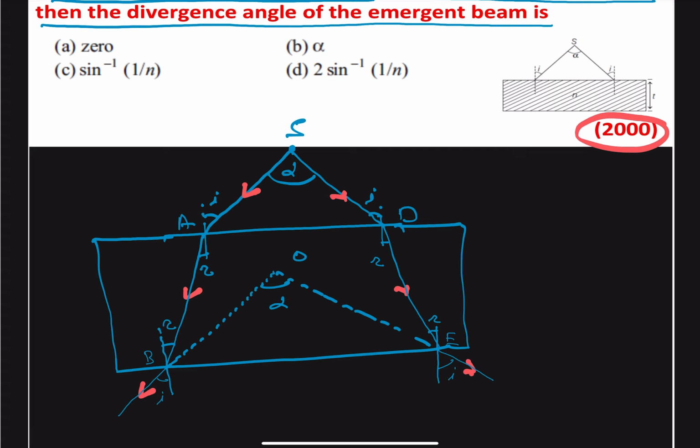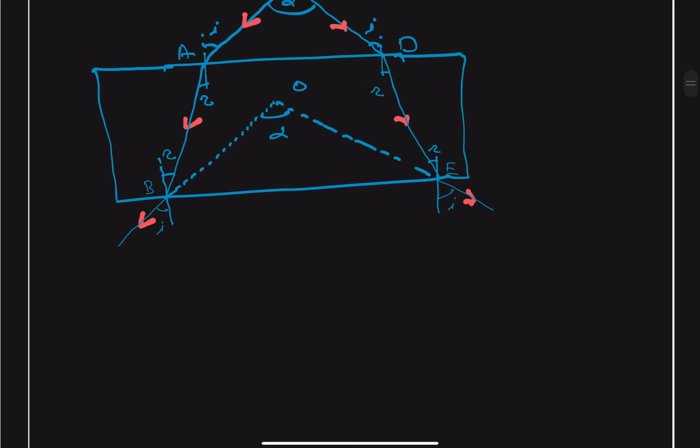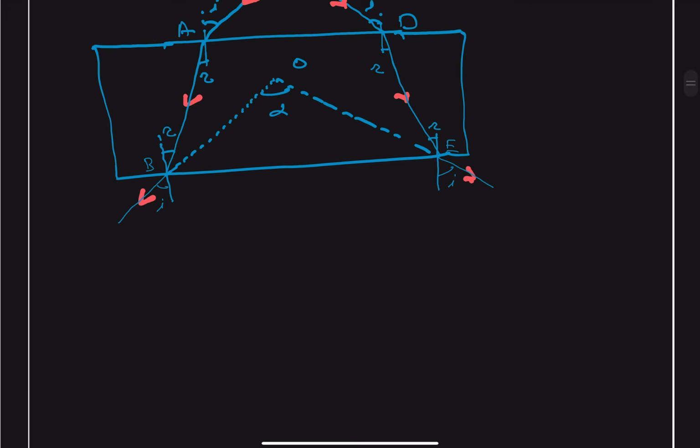Our SA will be parallel to our OB. So we can explain by writing that the divergence angle will remain unchanged, because in the case of a glass slab, the emergent ray is parallel to the incident ray.